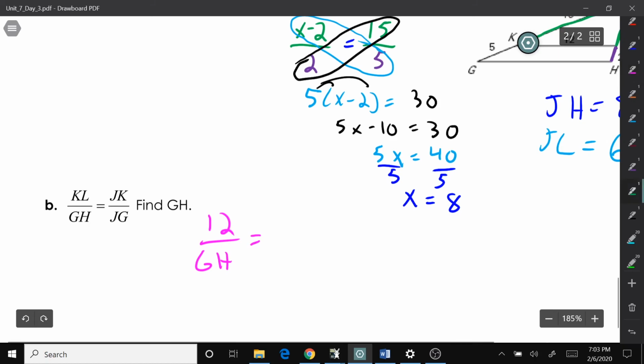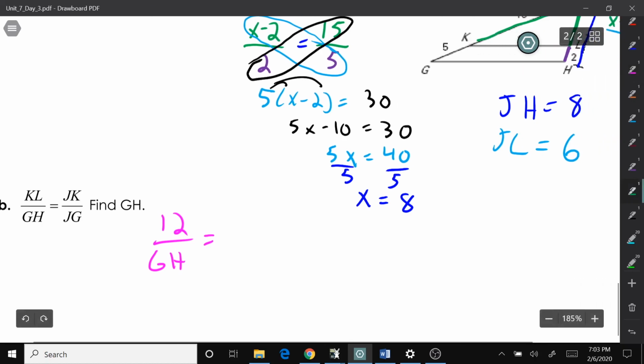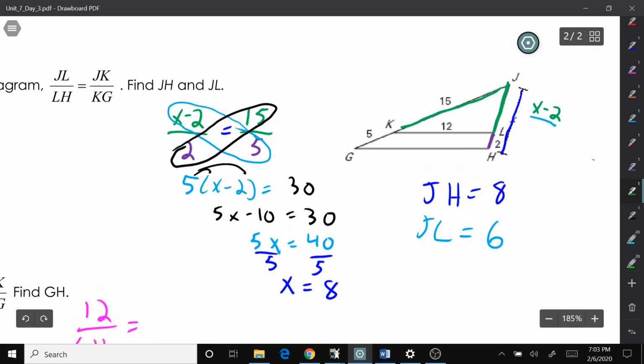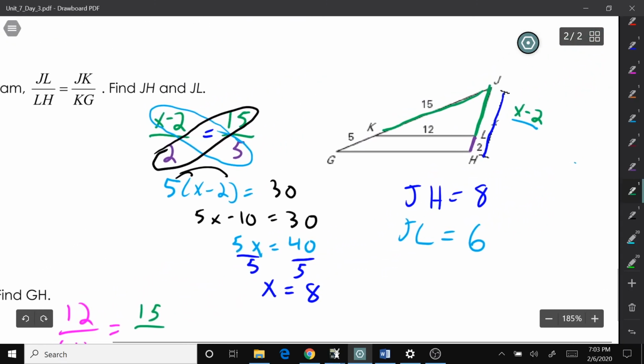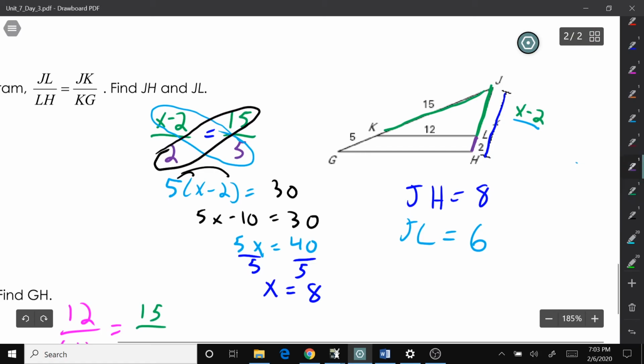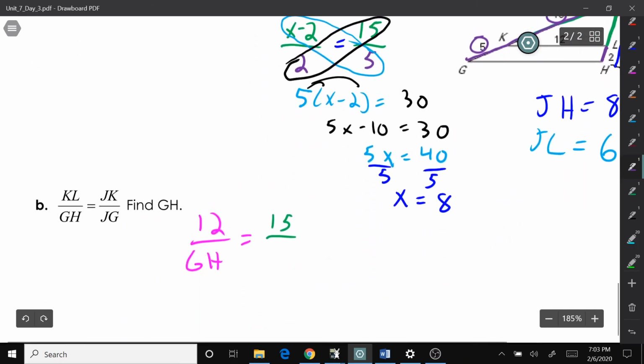Equals JK. How long was JK? Let's look over here. JK is 15. And JG. Well, JG is this whole distance, which is going to be 15 plus 5. So 20.